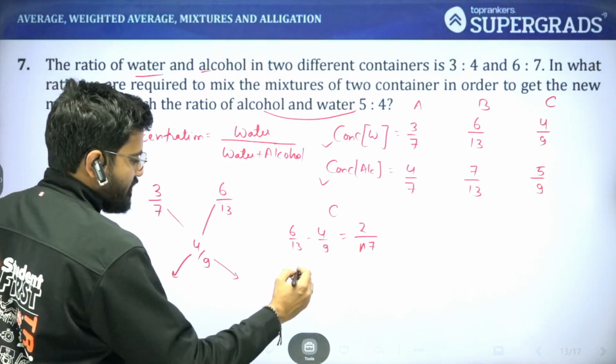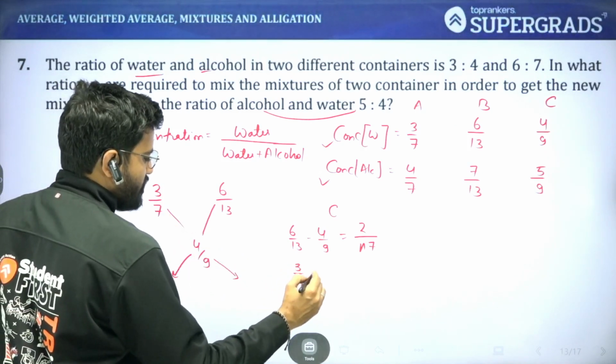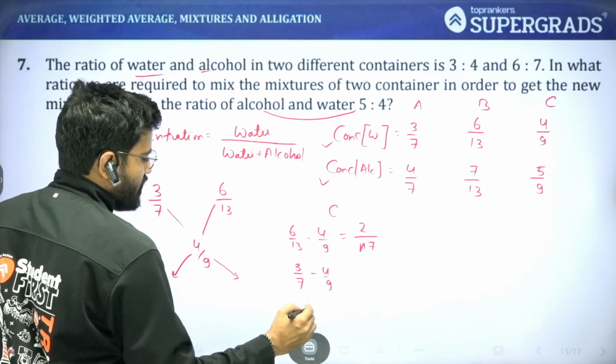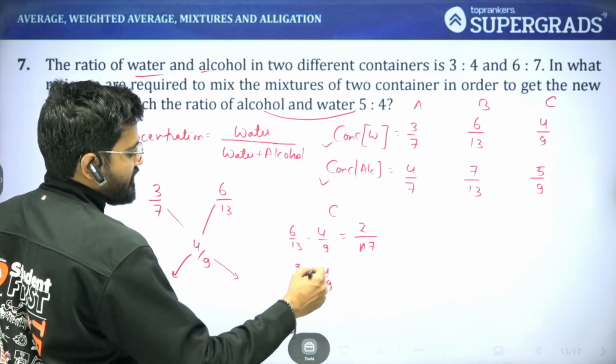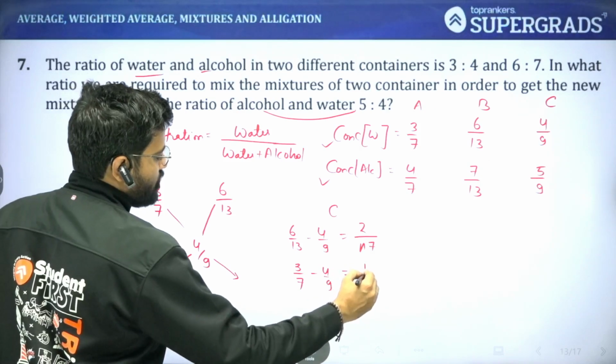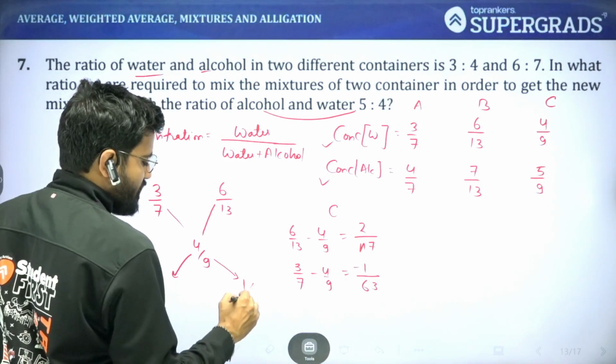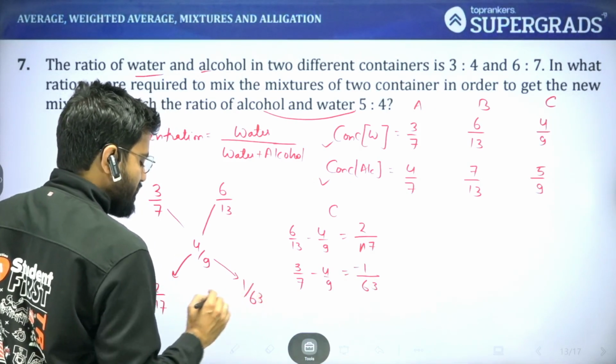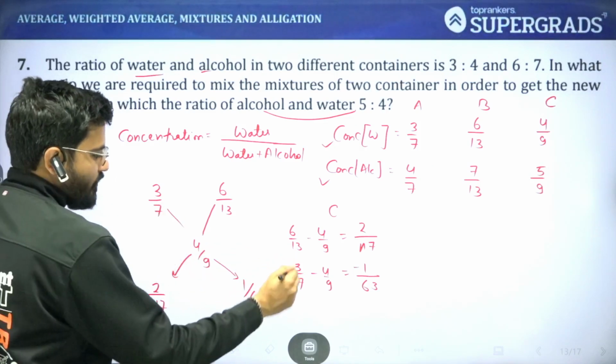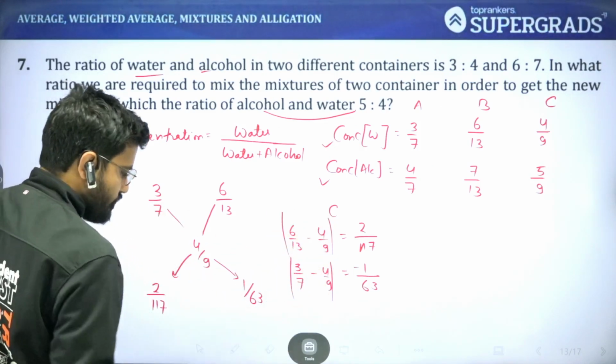And for this one, it is 3 by 7 minus 4 by 9. 9 into 3 is 27, 27 minus 28 is minus 1 upon 63. So it is basically 1 upon 63 because we just take the modulus.